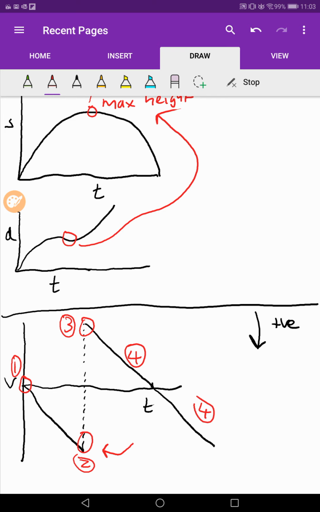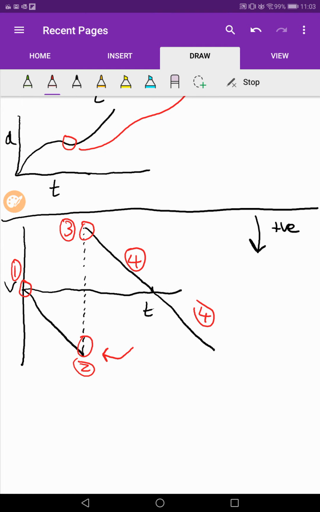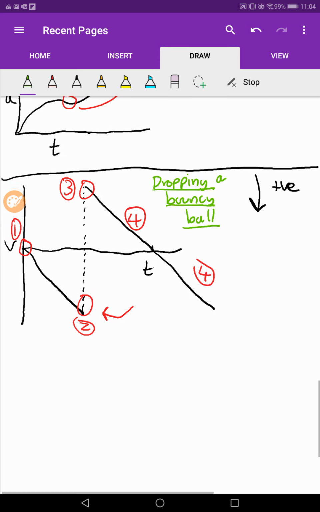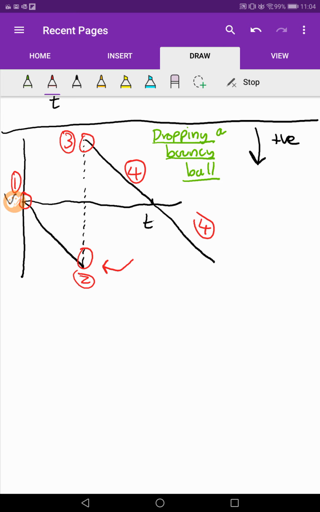And let's see what happens. And don't forget, this is dropping a bouncy ball. So, part one is just I've dropped it.